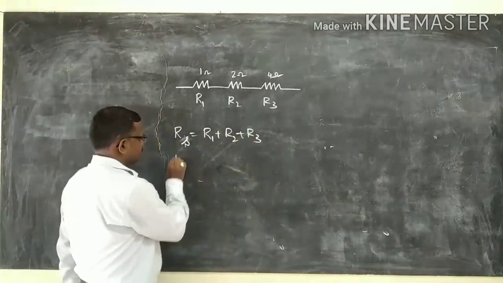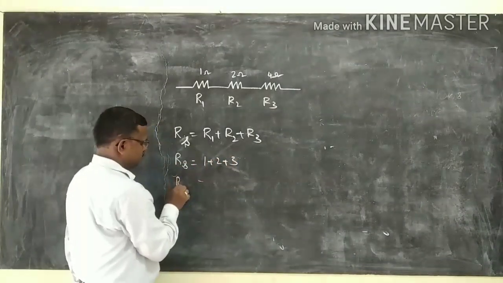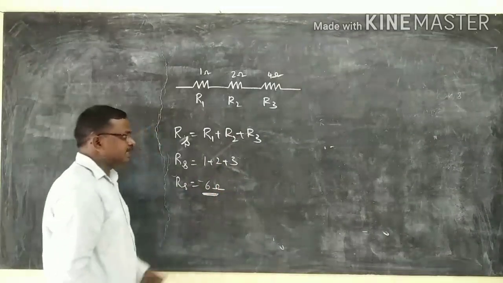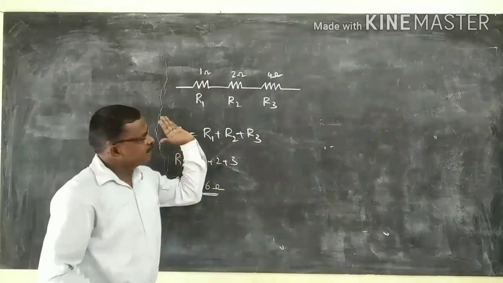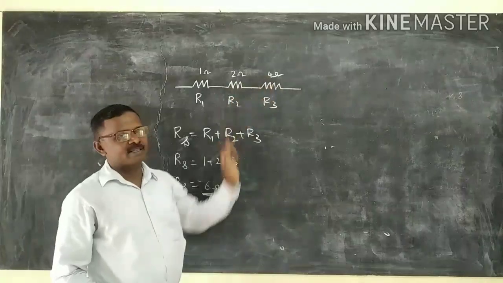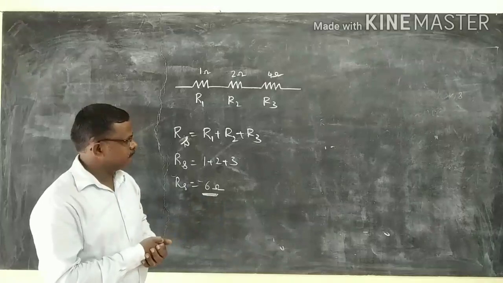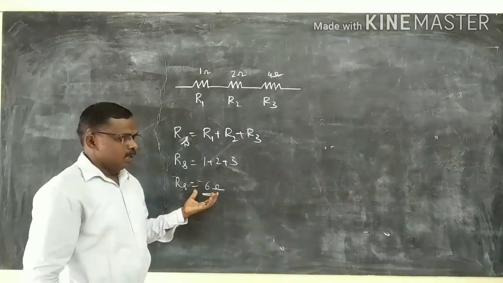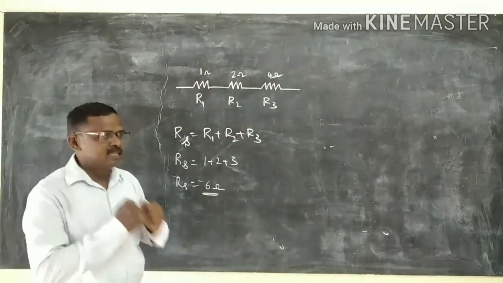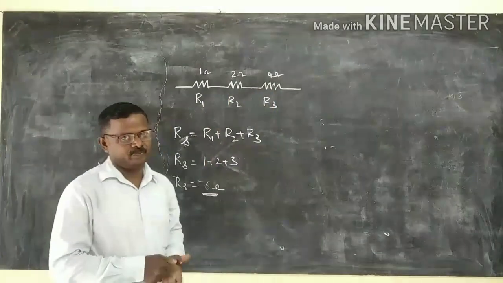That means R in series is equal to 1 plus 2 plus 3, that means R in series is equal to 6 ohm. That means the net resistance in a circuit by connecting these resistors in series is 6 ohm. If you connect the resistances in series, we get the maximum resistance, more than each individual resistance I have taken in the series.